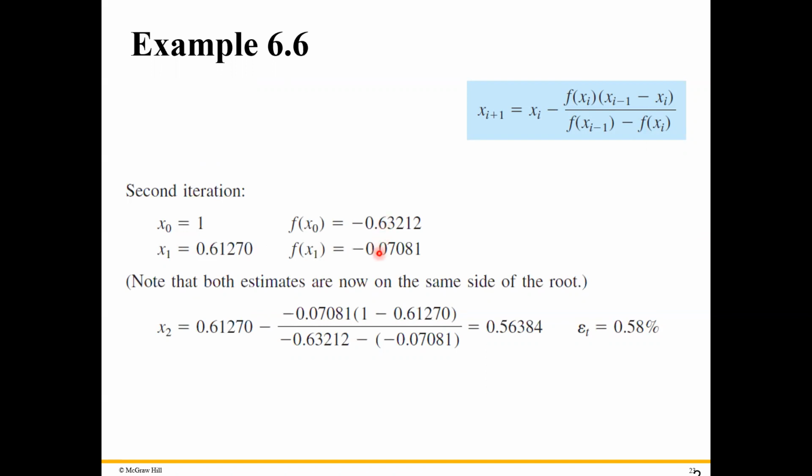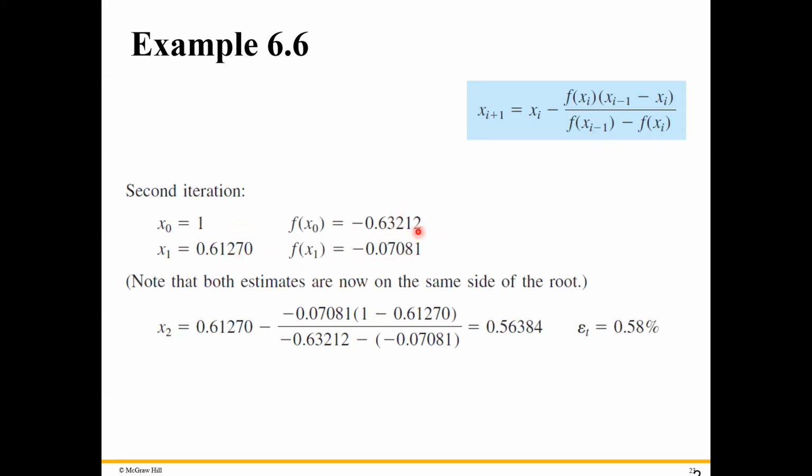Therefore, this method is different from the bracketing methods, especially the false position method. In the false position method, we have the same kind of formulation, but we always make sure that we bracket the solution.